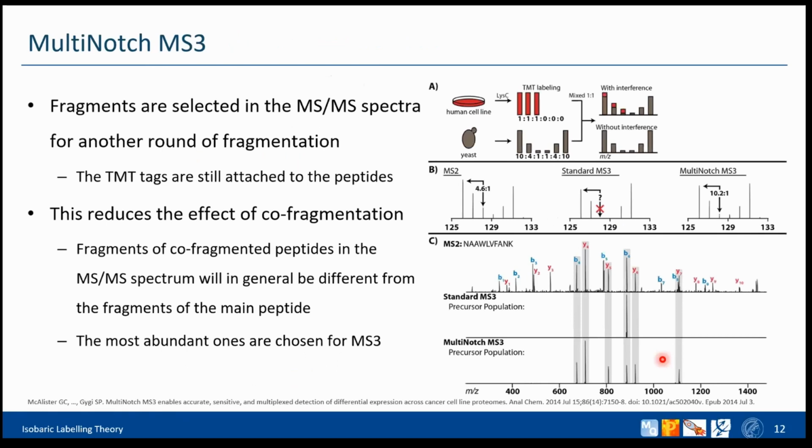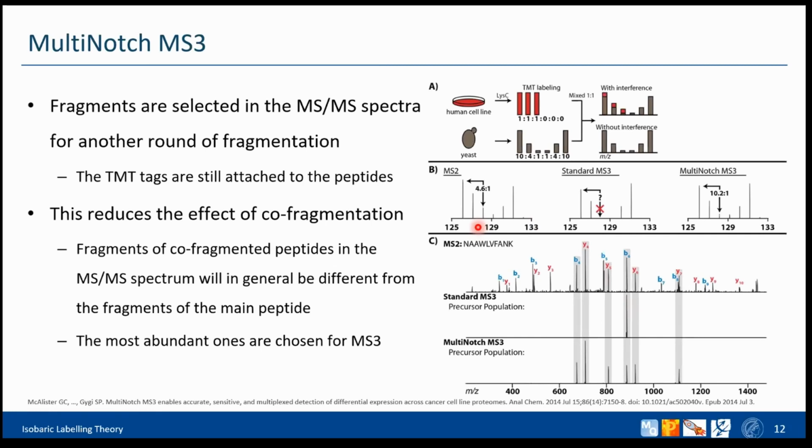So one idea is to do MS3 spectra. MS3 spectra are actually taking MS2 fragments and fragmenting them again. So usually you can use different collision energies first, or different fragmentation techniques.